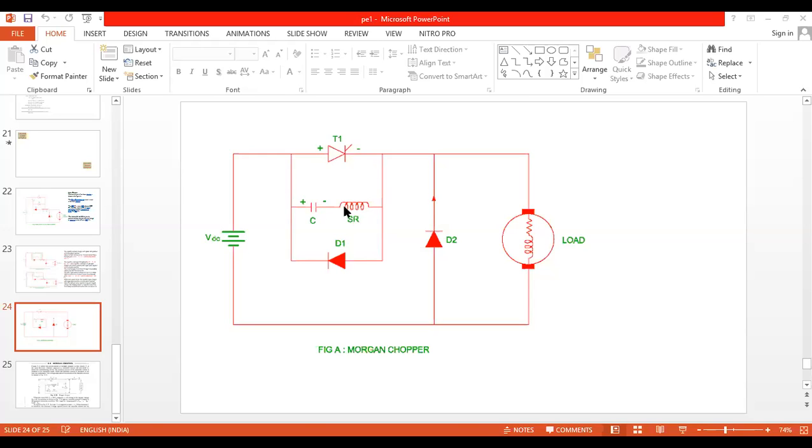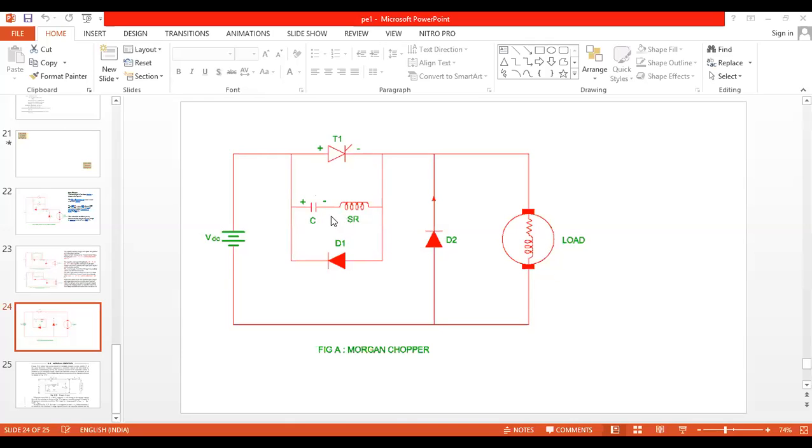What is case 4? Case 4 is to turn off SCR T1 and the capacitor recharges. It recharges with the opposite polarity, because of the inductor here.